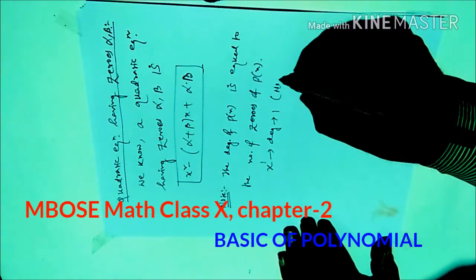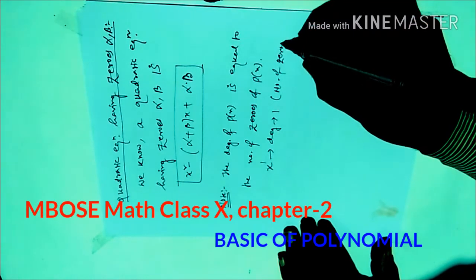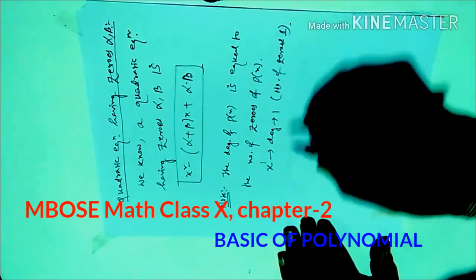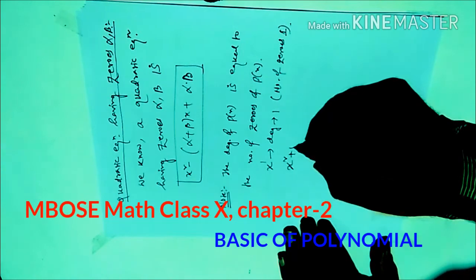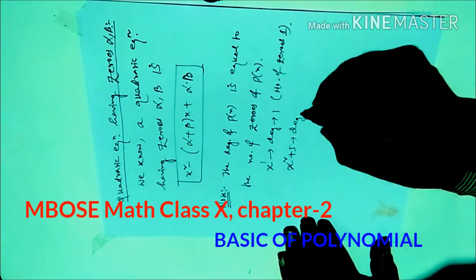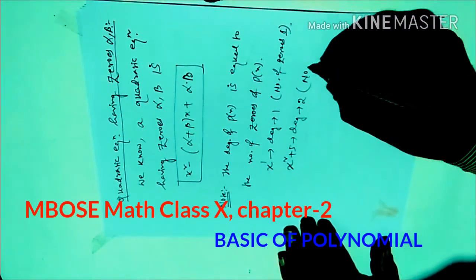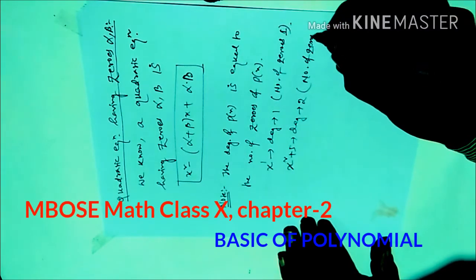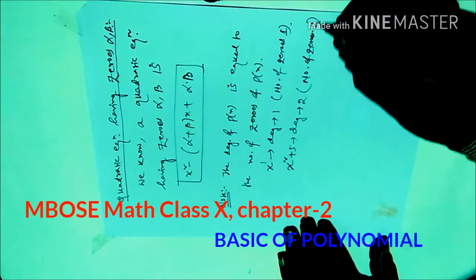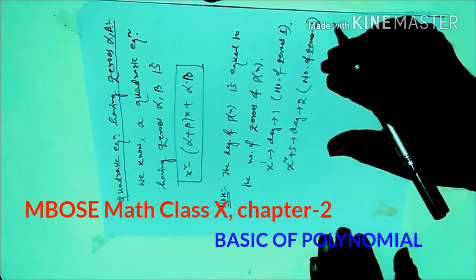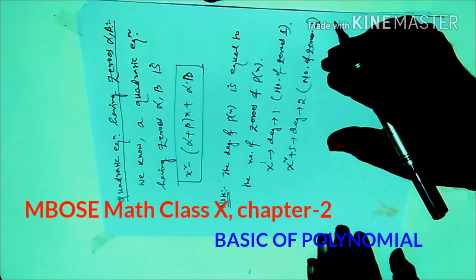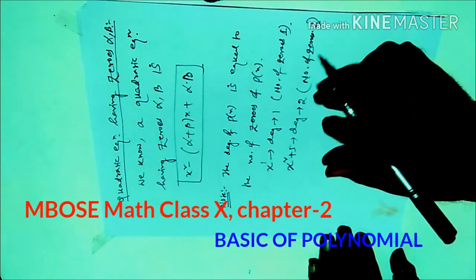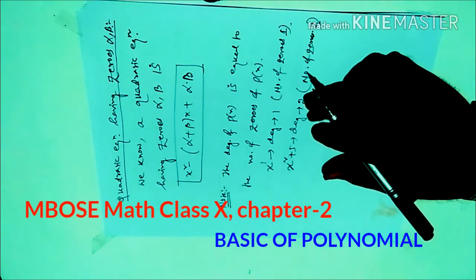Degree 1. So the number of zeros you will also get: how much? 1. Suppose here x square plus 5. So degree 2. So the number of zeros will also be 2. I hope you understand. When you do the exercise, it will be more helpful for you.